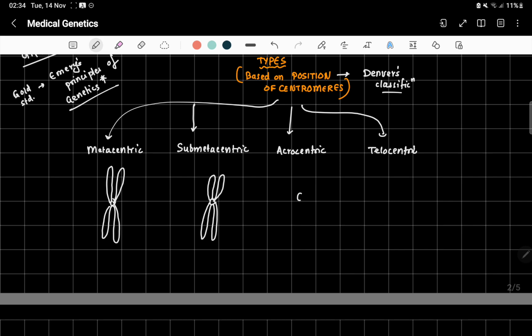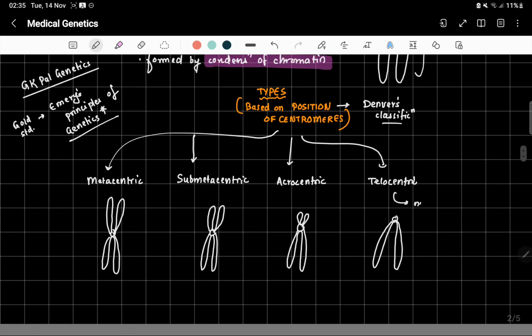Acrocentric means you can just observe like this, and telocentric has no short arm, just like this. This is telocentric. It is not found in humans.